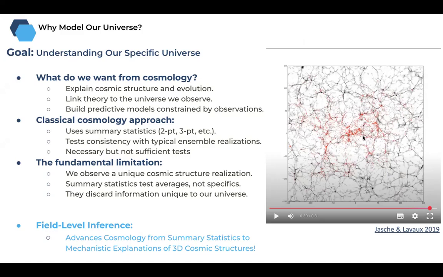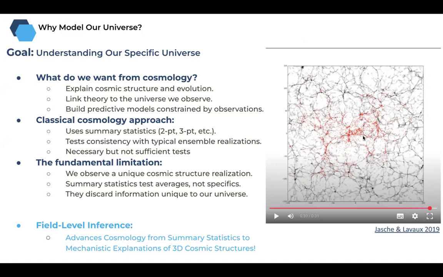As such, summary statistics provide a necessary but not a sufficient test to explain the actual universe as we observe it today. So the fundamental limitations of this classical approach are that we observe unique structures in the actual universe realization, but summary statistics test only averages and are not very sensitive to the specifics of that. Because of that, they discard information unique to our universe.